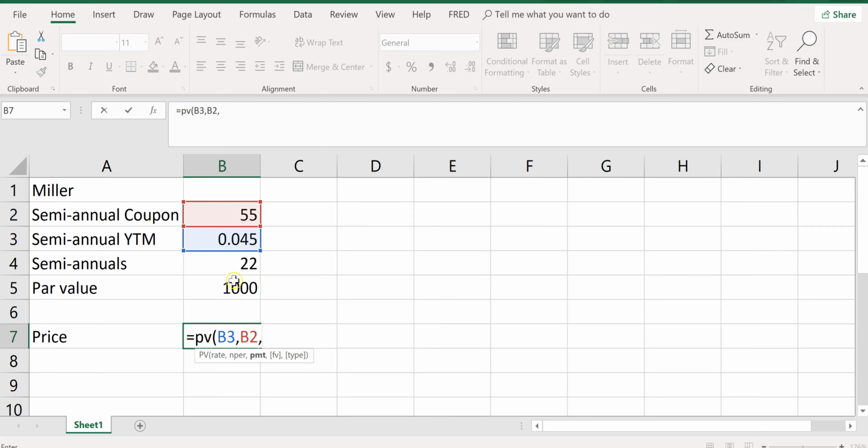Oh, sorry, actually the NPER is the number of payments. That should be the 22 number of semi-annual periods, not 55. The third argument, PMT, should be this semi-annual coupon payment. And finally, the FV here is the future value. In this case, it's the par value.